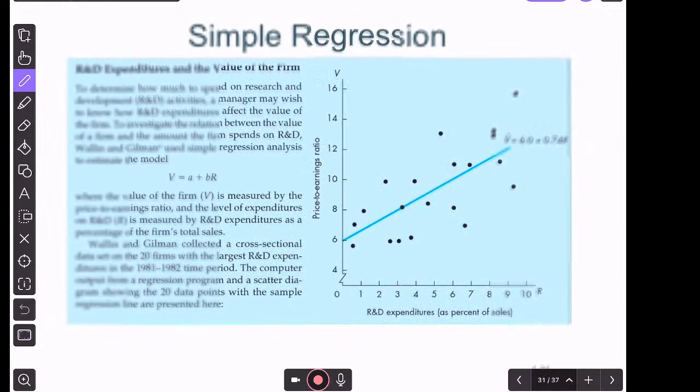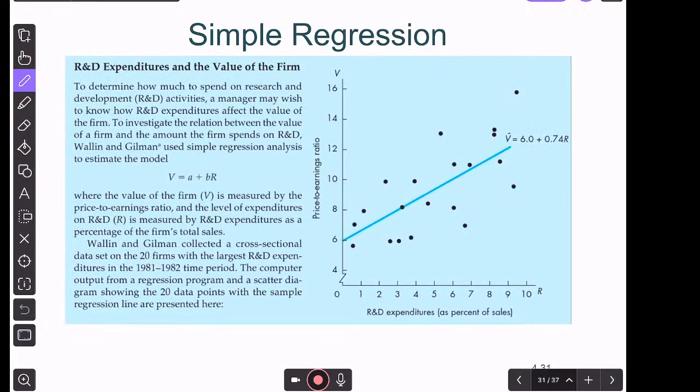Okay, so here's some output. Again, we have R&D and price to earnings ratio. What is the relationship? Is there a relationship? So you see, there's a scatter all about, and I'm confidently drawing a line.